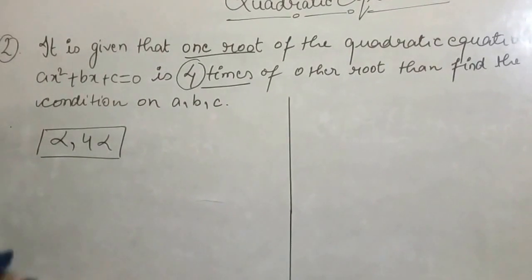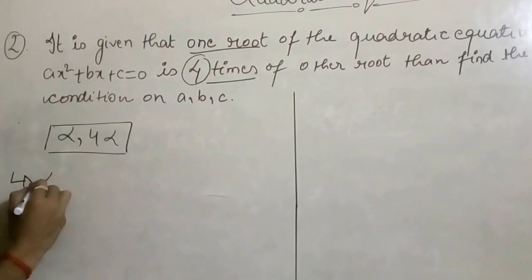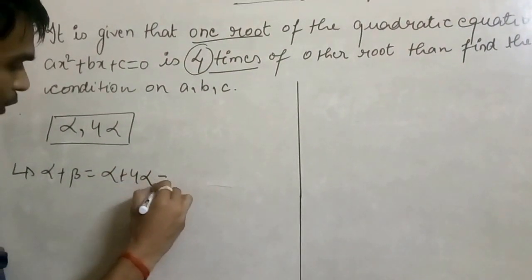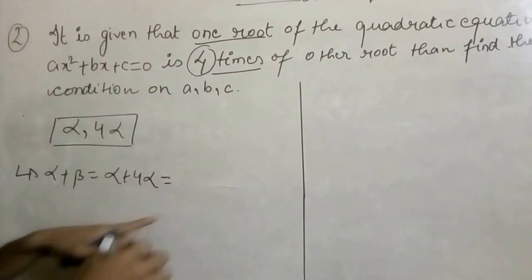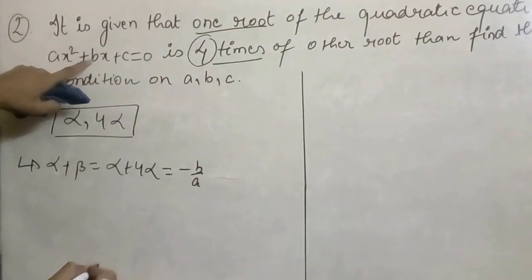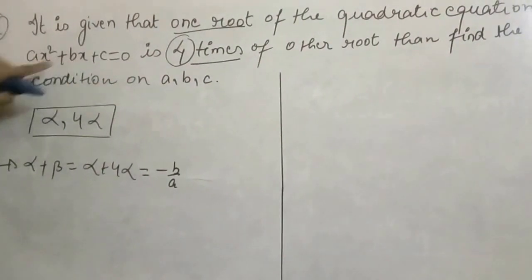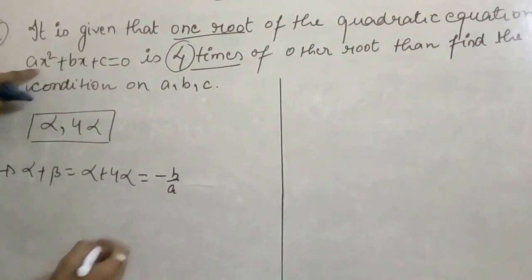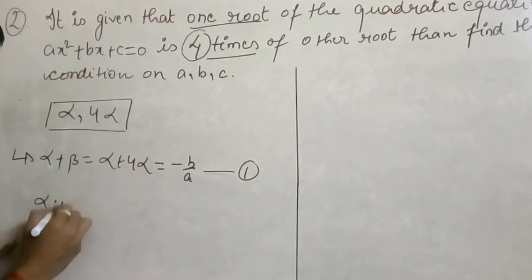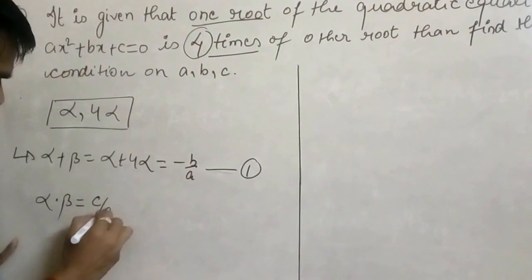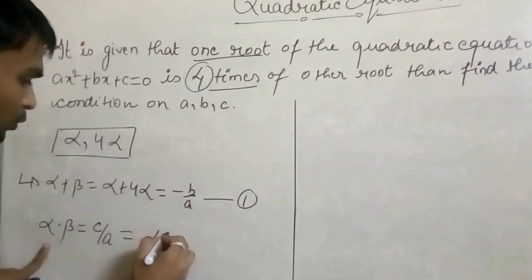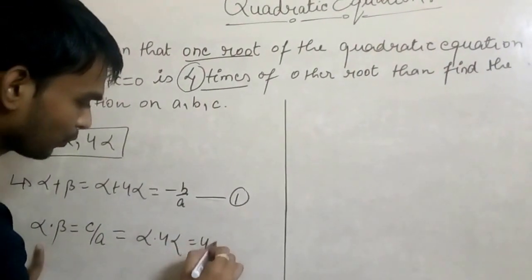Fine. So we know that alpha plus beta, meaning alpha plus 4 alpha, equals minus b by a, where b is the coefficient of x and a is the coefficient of x square. This is the first equation. And we know that alpha into beta equals c by a. This is equal to alpha and beta equals 4 alpha, meaning 4 alpha square.